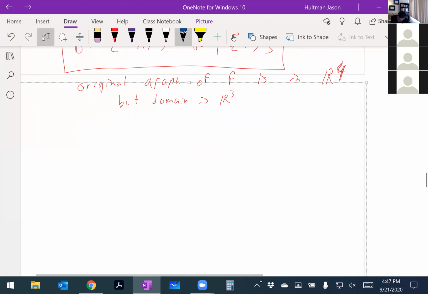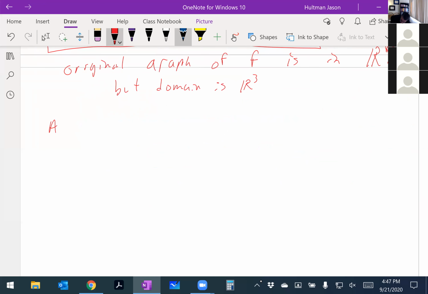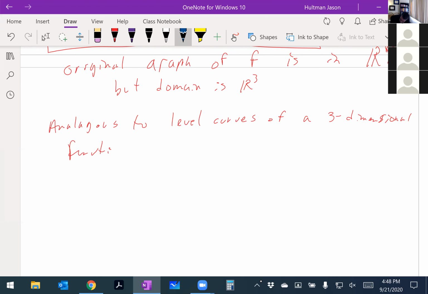Okay, analogous to level curves of a 3-dimensional function. I'm trying to write too fast.